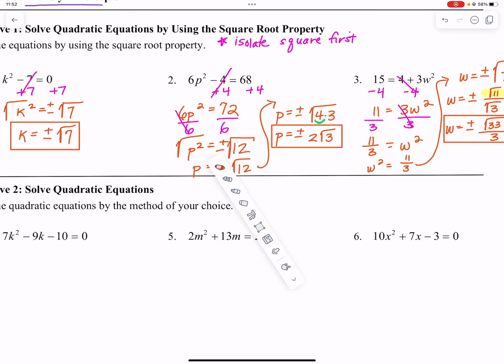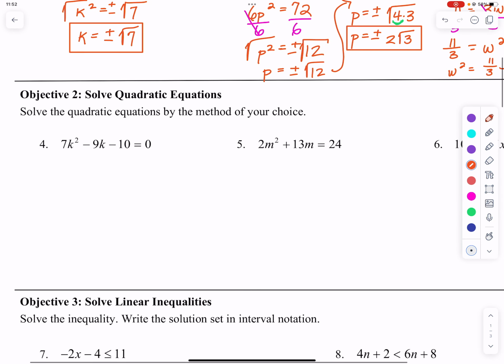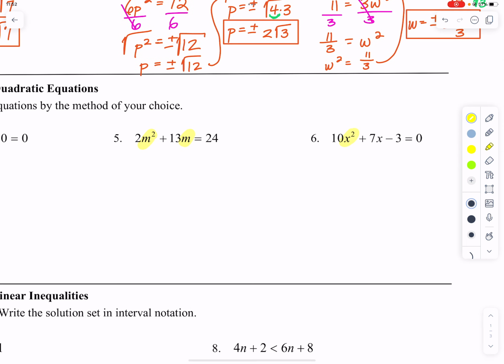Now, let's go ahead and take a look at these quadratic equations. It says by any method, but if you notice, we have a squared term and a first term. We have a squared term and the variable to the first, a square and the variable to the first. All of these mean that we will have to factor into two binomials.